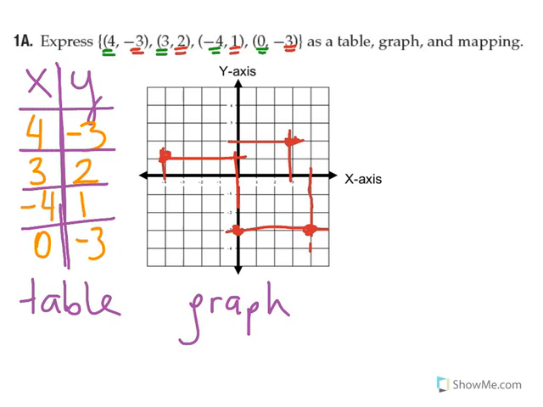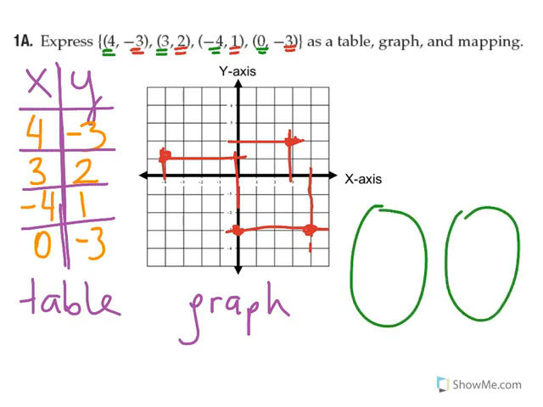Now let's do the mapping part. Now we'll have two separate diagrams. So x values being 4, 3, minus 4, and 0. Y values being minus 3, 2, 1, and minus 3.